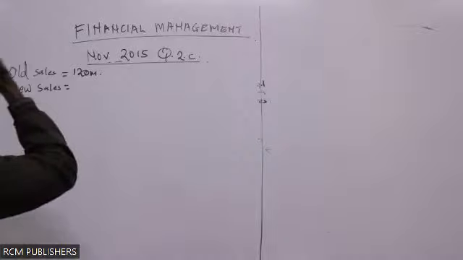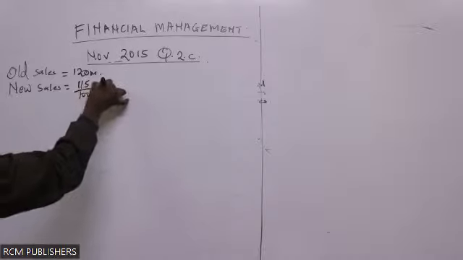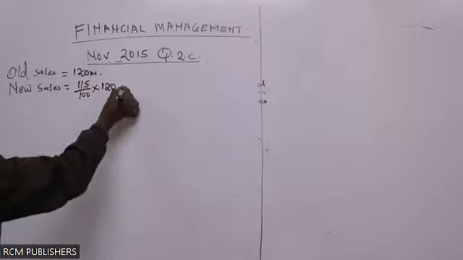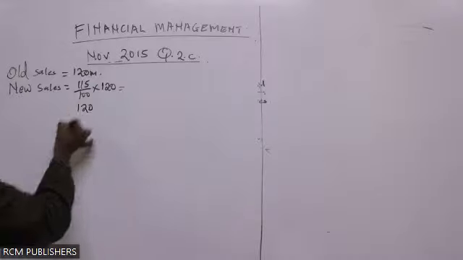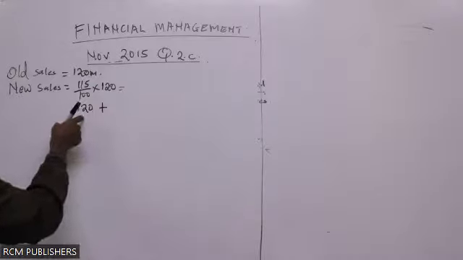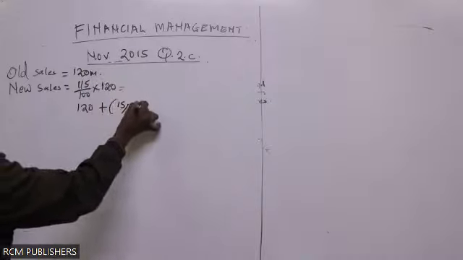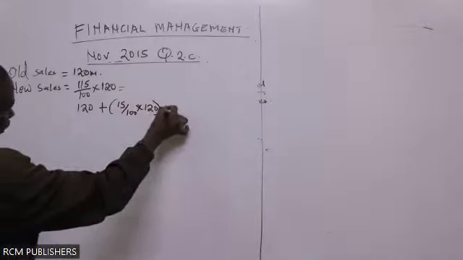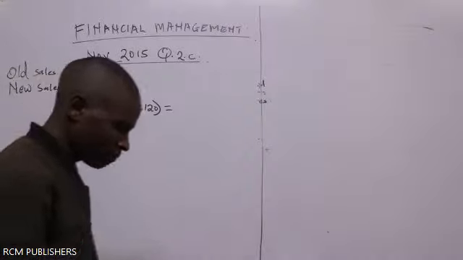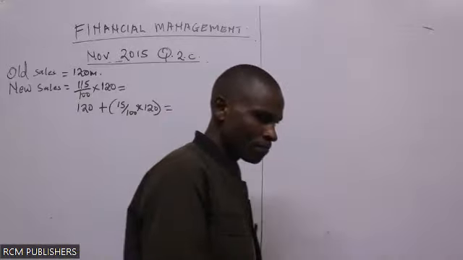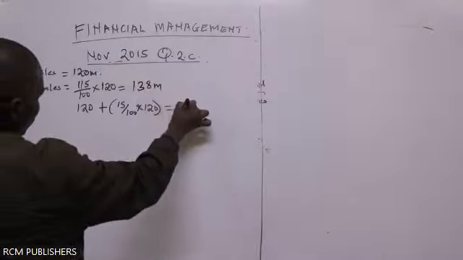So there are 2 ways you can get this. 115 over 100 of 120, you get that. Or take 120 plus, this is the old sale plus, now it increased by 15%, 15 over 100 of 120. Both should give the same. Whichever way you use, just get there quickly. So you're giving me 138 million.